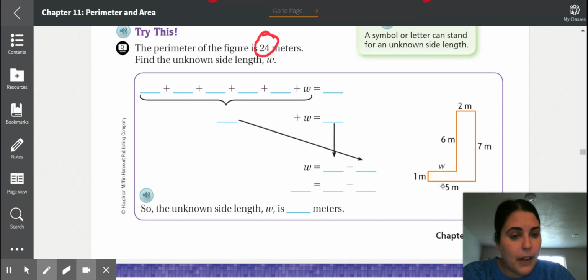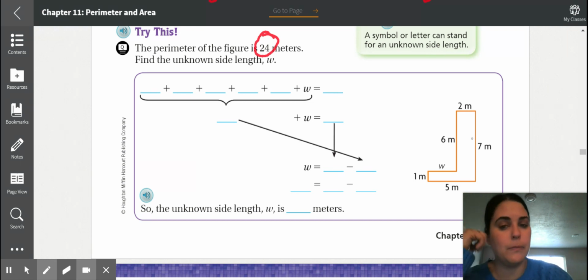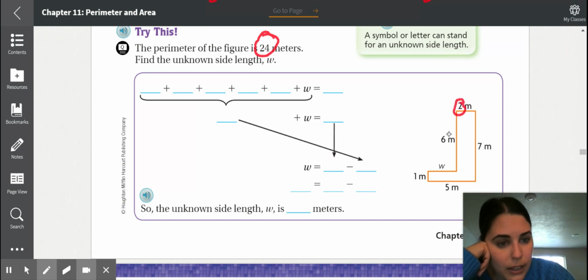1, 5, and 7. So thinking about what we already did before, we need to add up all of the sides that we do have. That is step 1. Add up all of the sides that we do have. So let's circle them. We have the side 2, 6, 1, 5, and 7.